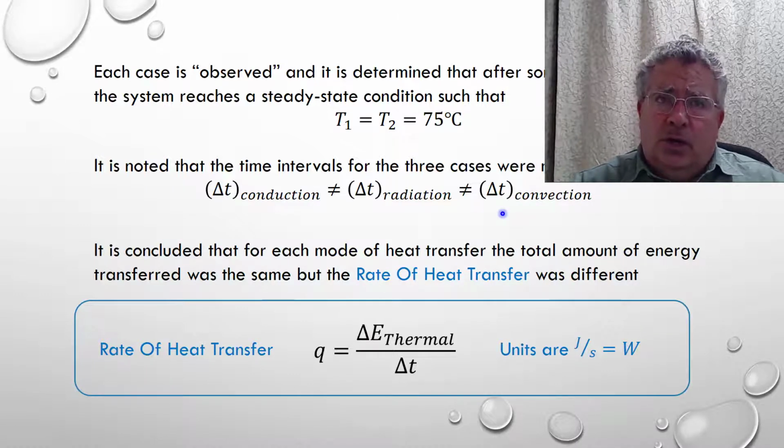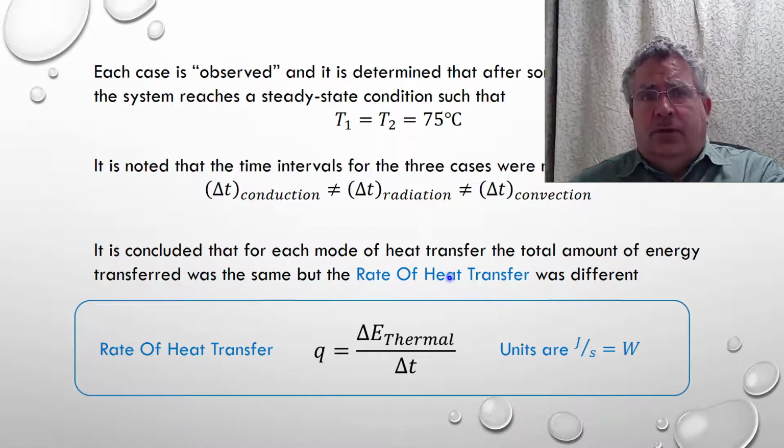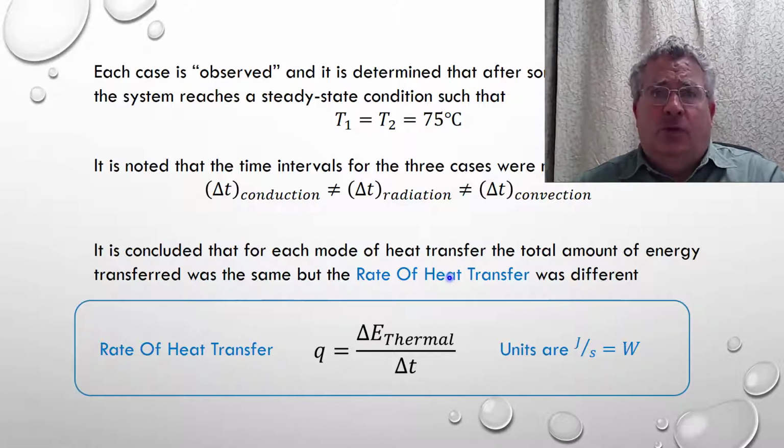So what we're going to conclude from this is about the rate of heat transfer. What do I mean by the rate of heat transfer? Heat is energy, that's joules. The rate of heat transfer is the amount of heat energy transferred per unit time, so joules per second, which is watts. In the SI system, joules per second is the unit of power. So the rate of heat transfer really talks about the amount of power being transferred.